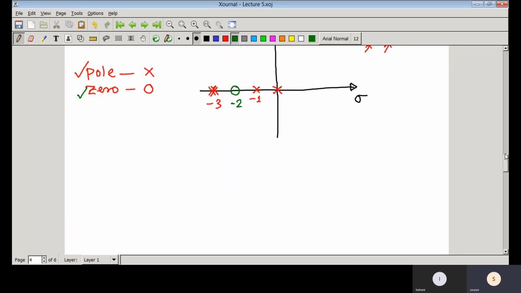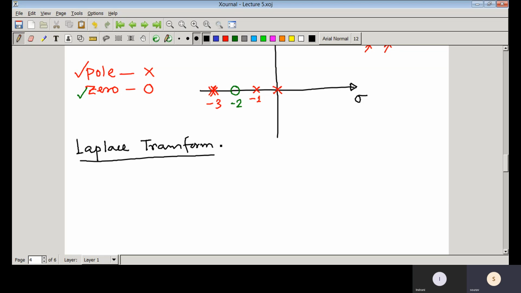Now I will be giving you some advantages, disadvantages, and the basic concept of the Laplace transform. I think you are all familiar with the Laplace transform because you have studied it in signals and networks. This is actually one transform.